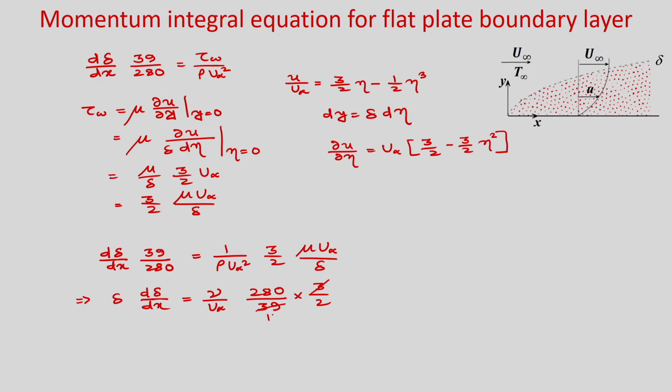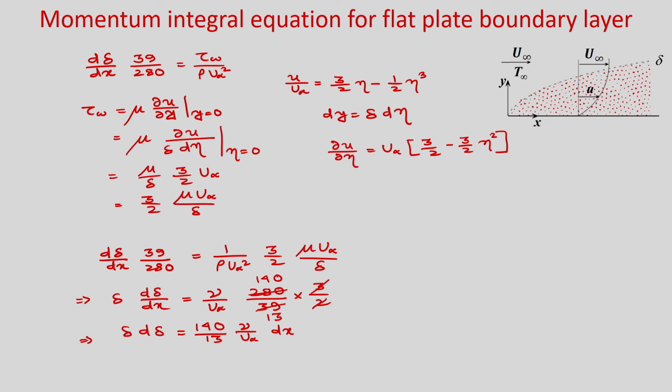So, this will be 13, this will be 140. So, you can write delta d delta is equal to 140 by 13 nu by u infinity dx. Okay. So, if you integrate this equation, you will be able to find the unknown variable delta, okay. And you know that at x equal to 0, you have the hydrodynamic boundary layer thickness as 0.